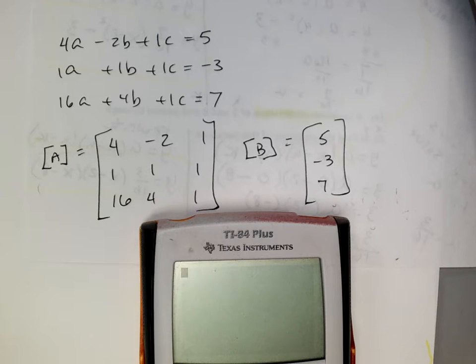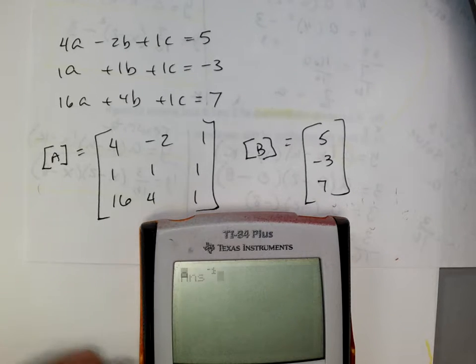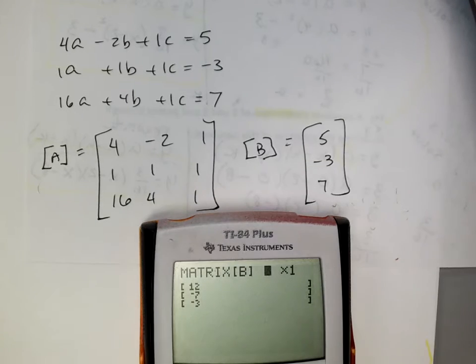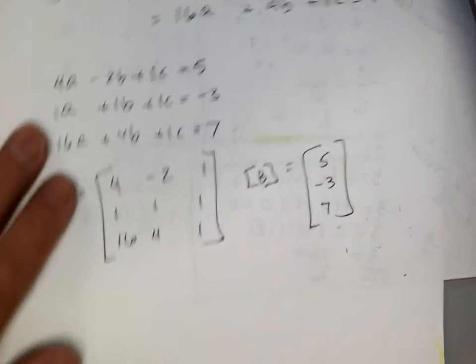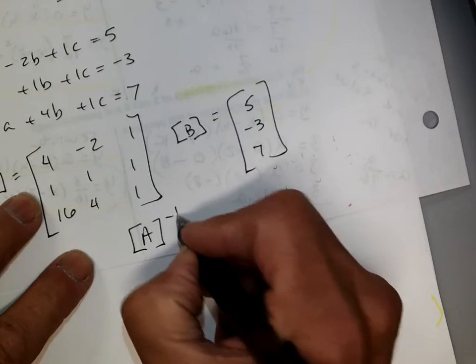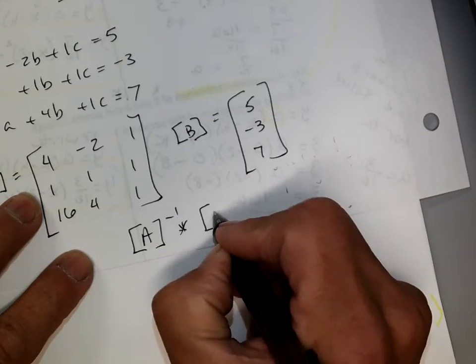Am I going too fast? Okay. Matrix. Oops, clear that. I want matrix. Edit B, which is a 3 by 1 matrix. I'm going to go 5, negative 3, 7, right? Okay. And what I have to put in my calculator is this darn A, matrix A inverse times B, right?